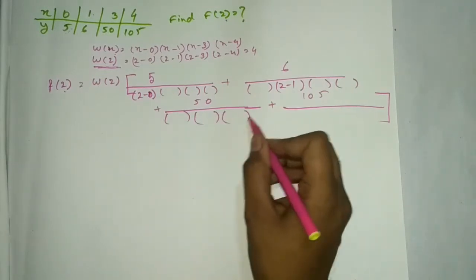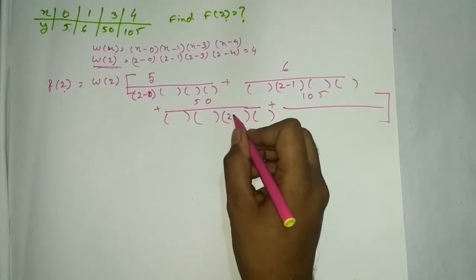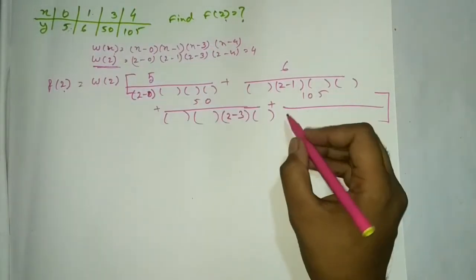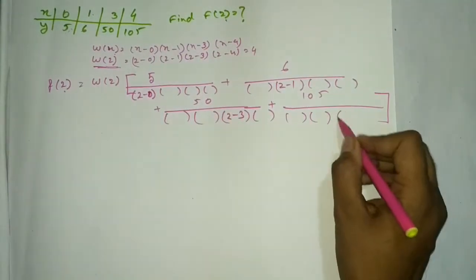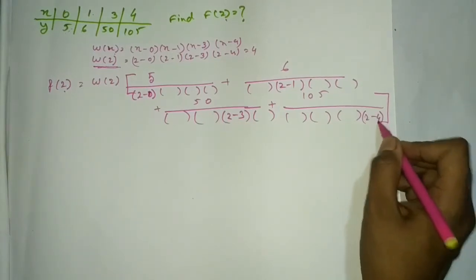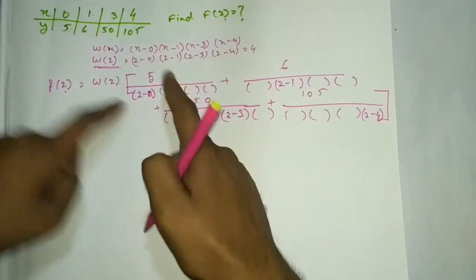And in the third part of the denominator, write 2 minus 3, because the third x value is 3. And the fourth part will be 2 minus 4, because the fourth x value is 4. So observe it.